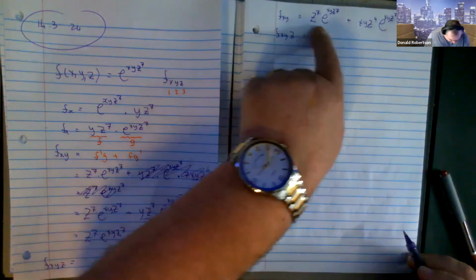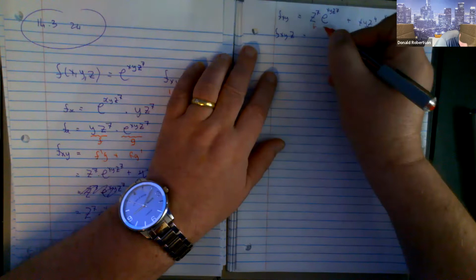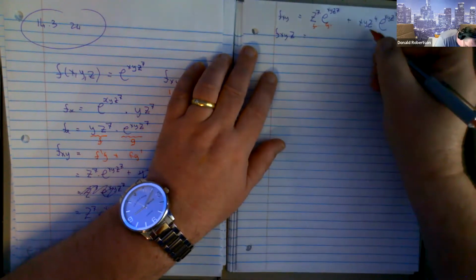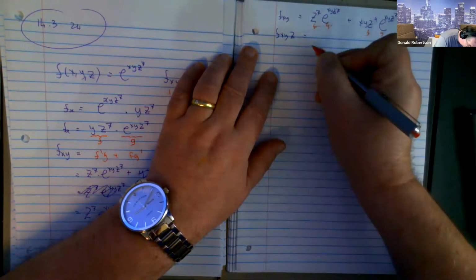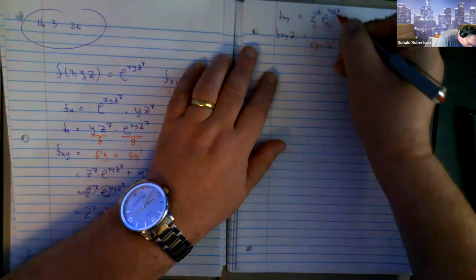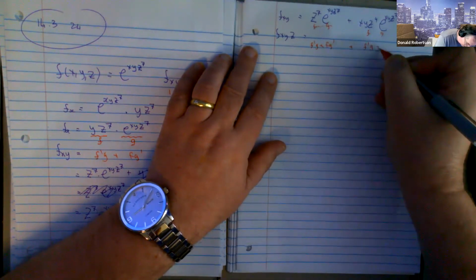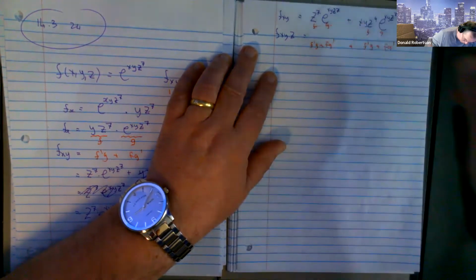So when you differentiate this expression with respect to z, you're going to have product rule and a different product rule. It's going to be f dash g plus f of g dash using these two guys. Then it's going to be an f dash g plus f of g dash using those two guys.